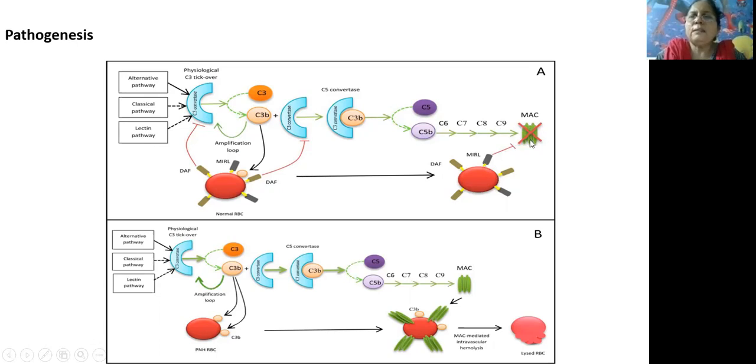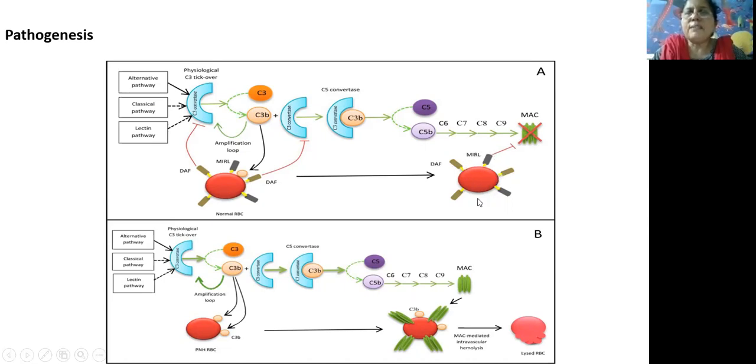It attacks the membrane of the RBC, and it is a complex of all these. That is prevented by the decay accelerating factor and the membrane inhibitor of reactive lysis.